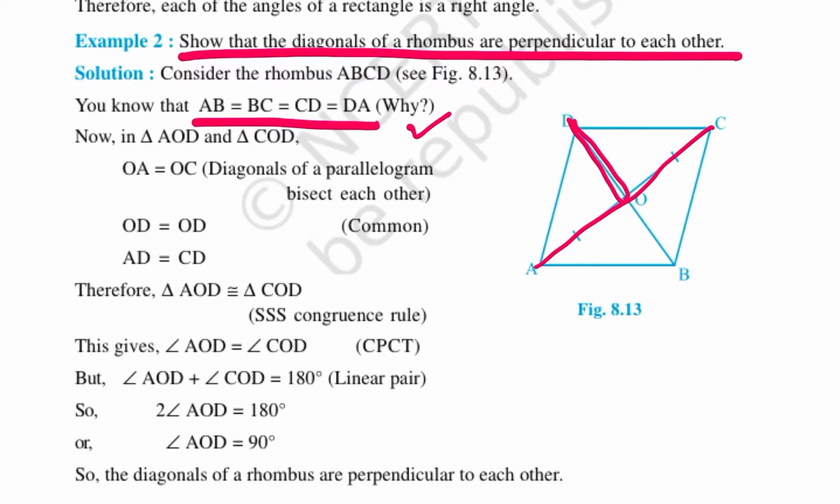If we compare these two triangles, then we know OA is equal to OC, that is diagonals of a parallelogram bisect each other, because a rhombus is also a parallelogram. OD is equal to OD, it is common, and AD is equal to CD. It is the side of a rhombus, so sides of a rhombus are equal to each other.